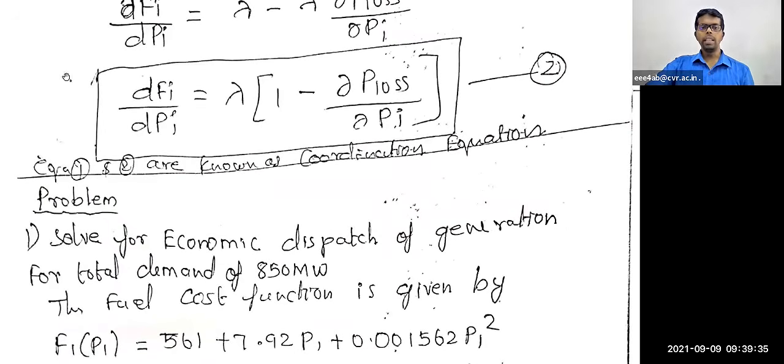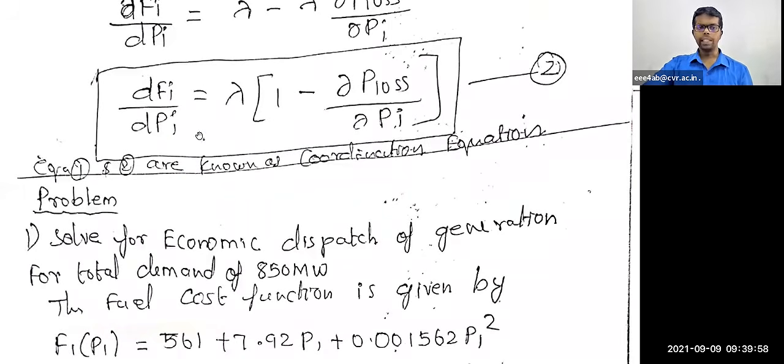For solving this, first we differentiate the fuel cost function of that particular generating unit, that is dFi divided by dPi. We find that out first. Next we find out dou PLoss divided by dou Pi. After that we substitute. Why?